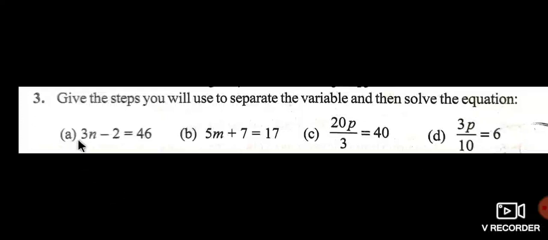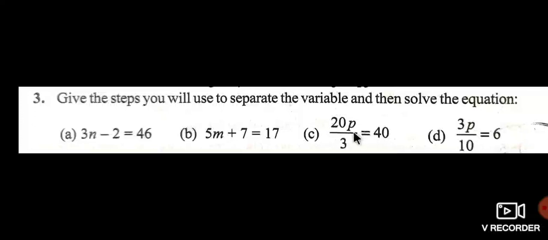Third main: give the steps you will use to separate the variables and then solve the equation. First they gave 3n minus 2 is equal to 46. Here the variable is n, we have to find the value of n. Second one is 5m plus 7 is equal to 17. Here the variable is m. Next one is 20p divided by 3 is equal to 40.